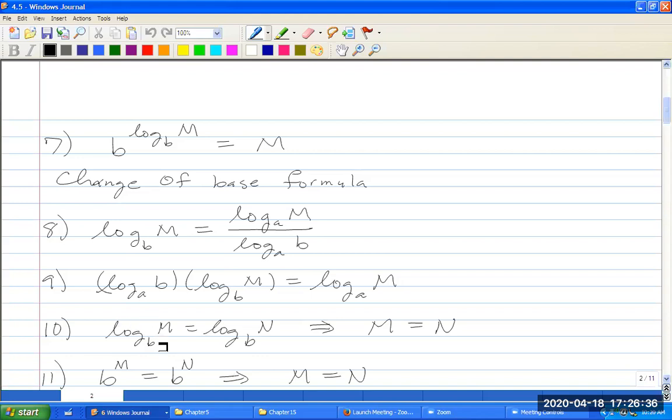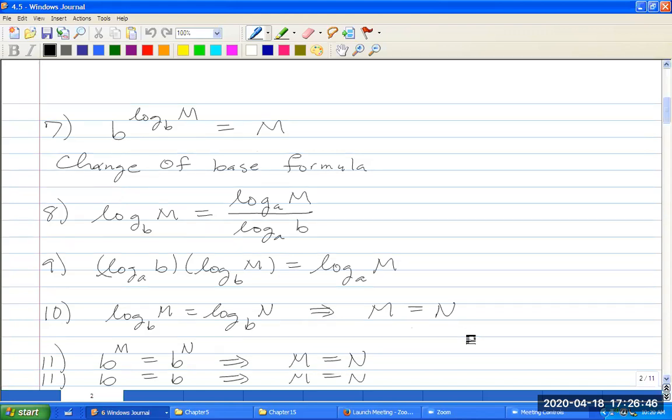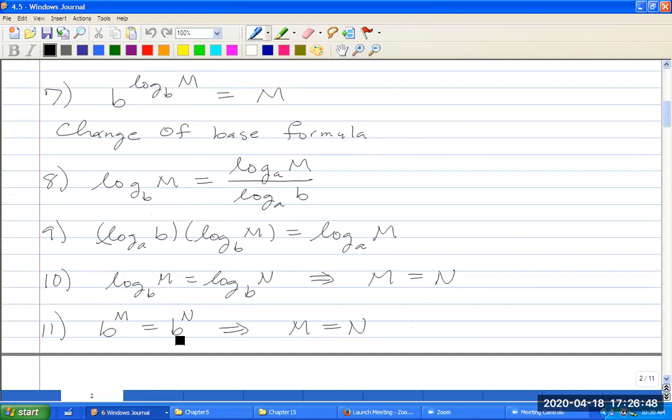The log base b of m equal to log base b of n implies that m is equal to n. Similarly, b to the m equaling b to the n implies that m is equal to n.